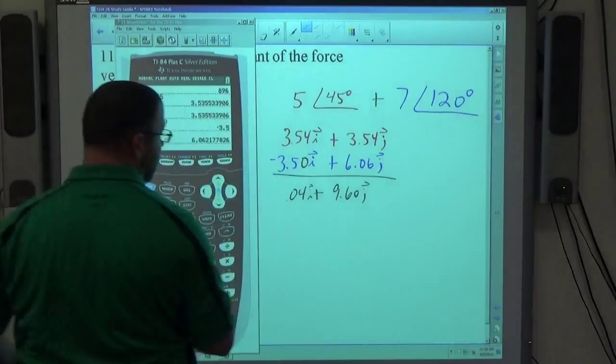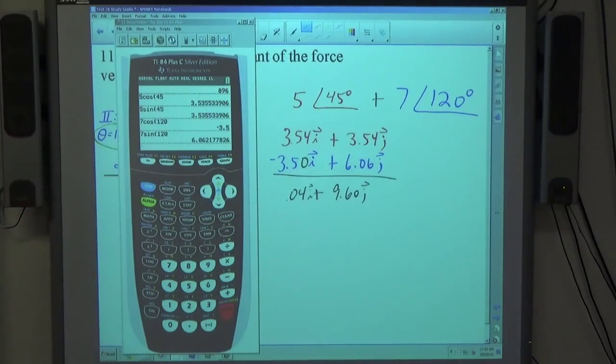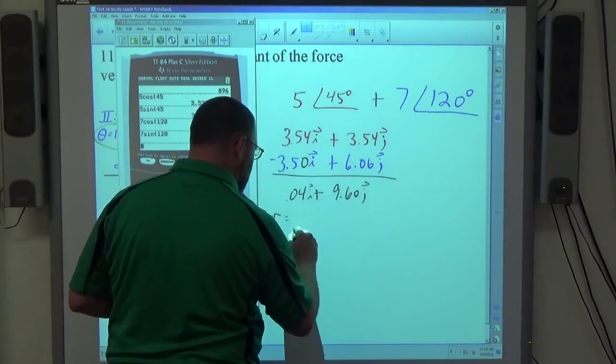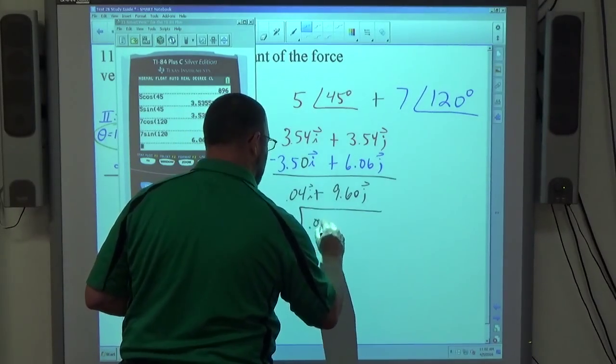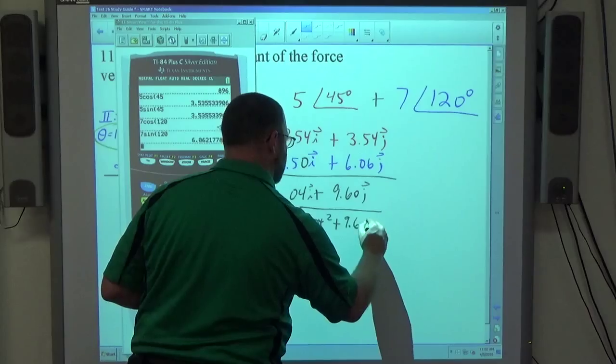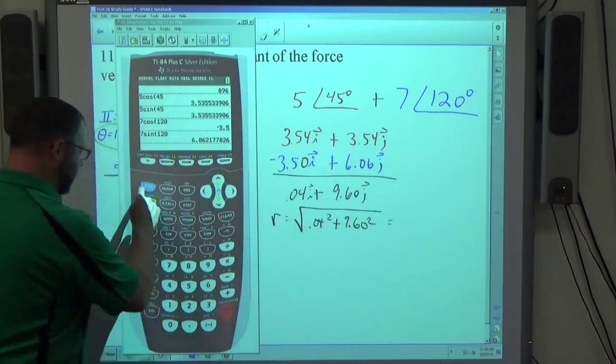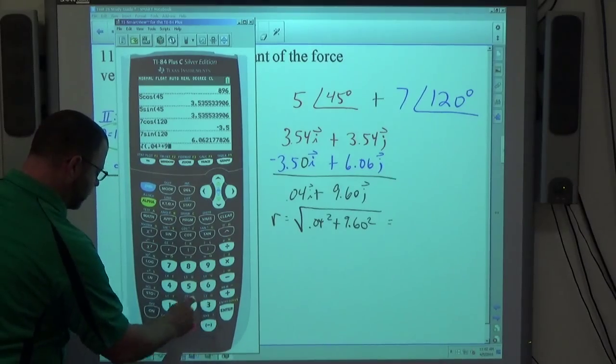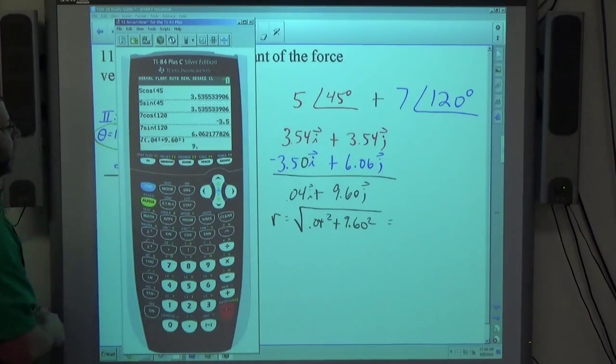The final step I want to do is get the polar form. So I need to go back to polar form. So the magnitude is going to be the square root of 0.04 squared plus 9.60 squared. My calculator knows the answer to that. Square root, 0.04 squared plus 9.60 squared in parentheses equals 9.60.